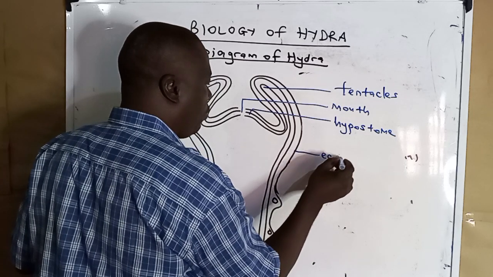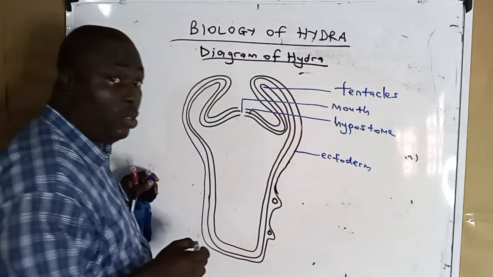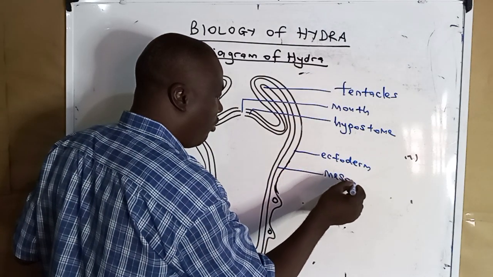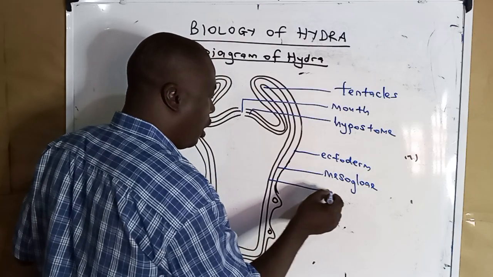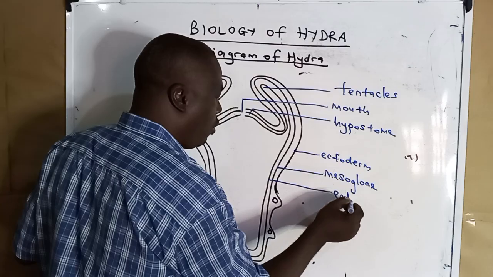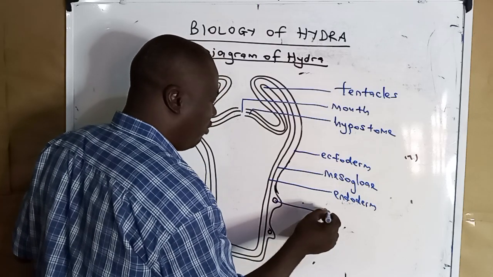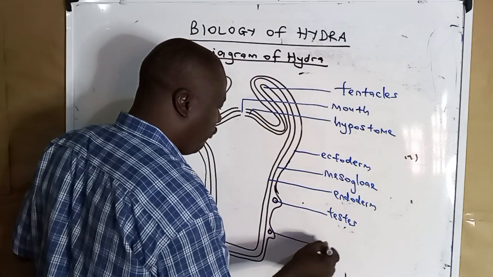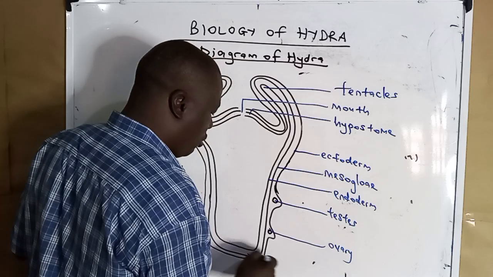Here is the ectoderm. Here is the mesoglea, the gelatinous material. Here is the endoderm, the inner wall. And here is the testis. Here is the ovary. Here is the basal disc.